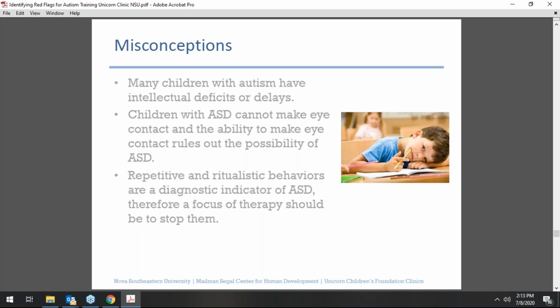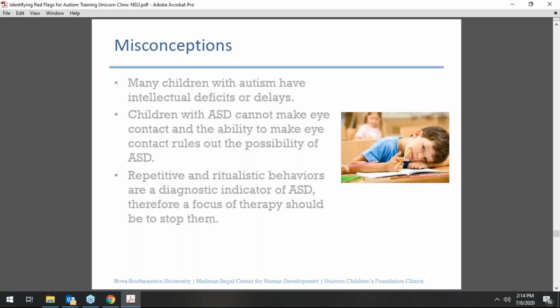We don't want to just say because they can't make eye contact with us, they're on the spectrum. We take into consideration a variety of behaviors, but there are children who can make eye contact who are on the spectrum. It's just fleeting. It's not maintained. They have a hard time keeping eye contact with you. It's very brief, and it's not coordinated. It's not in conjunction with their speech or with their body language.